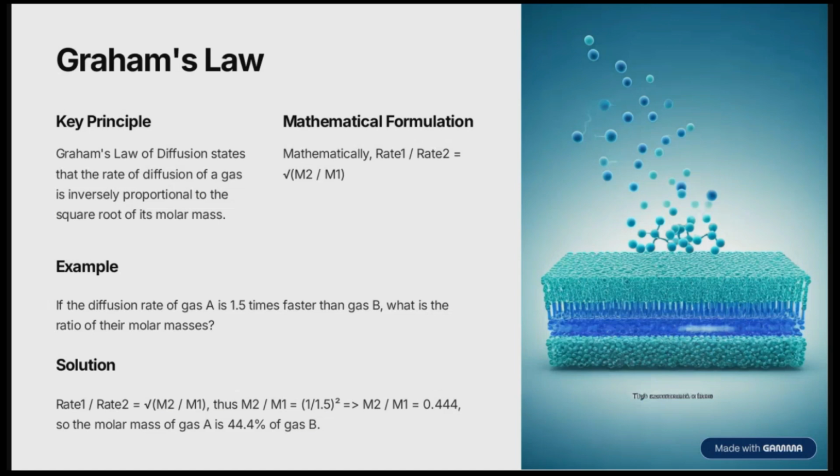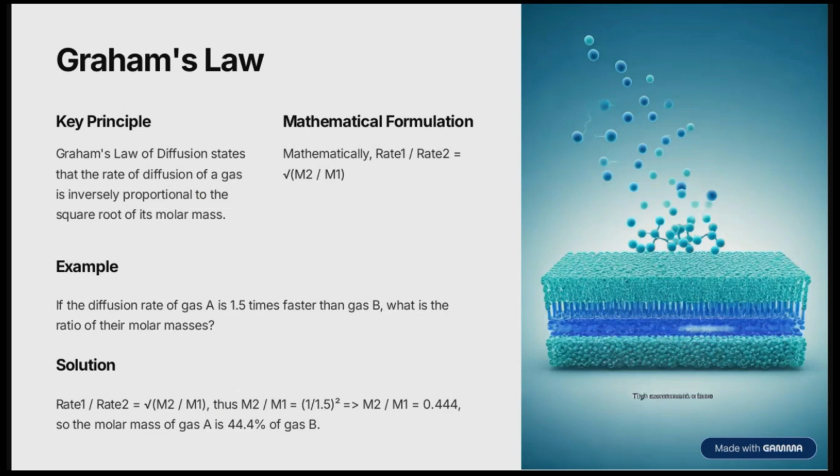The formula is given as rate R1 over R2 is equal to the square root of M1 over M2, where the square root covers both M1 and M2. So this is the mathematical expression for Graham's law.